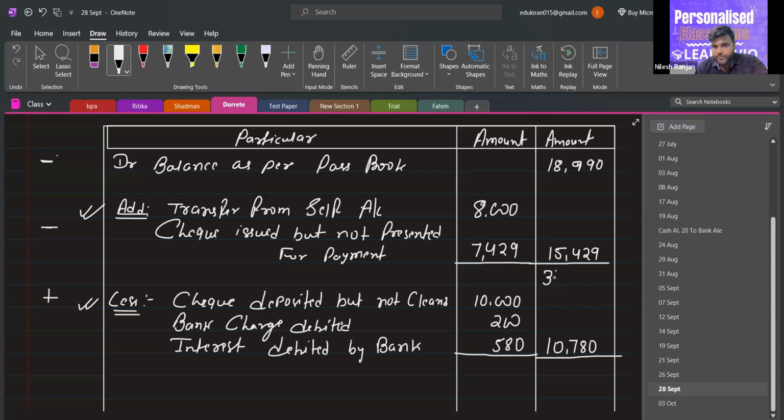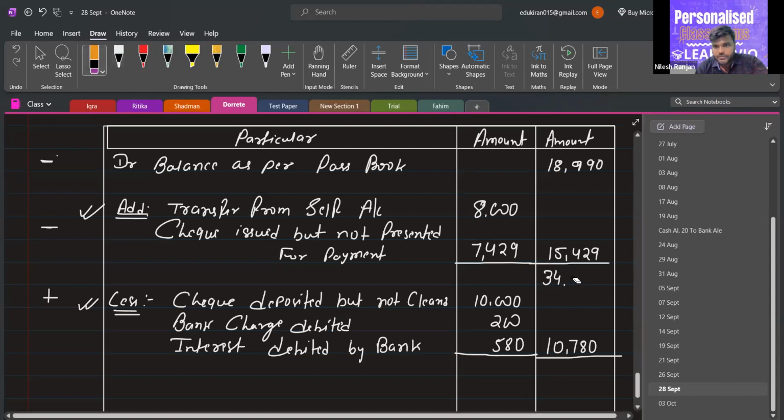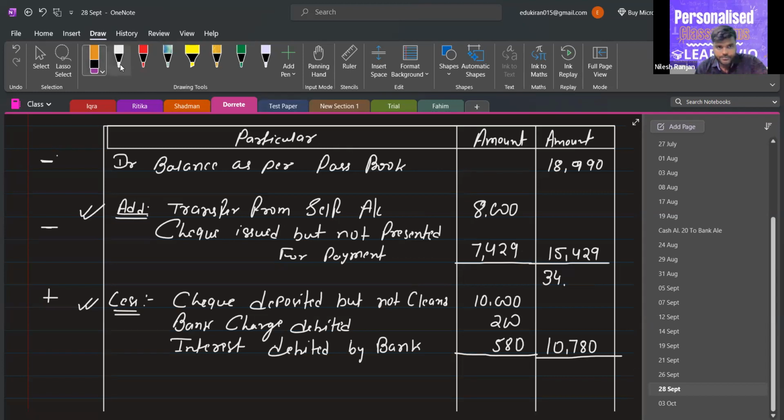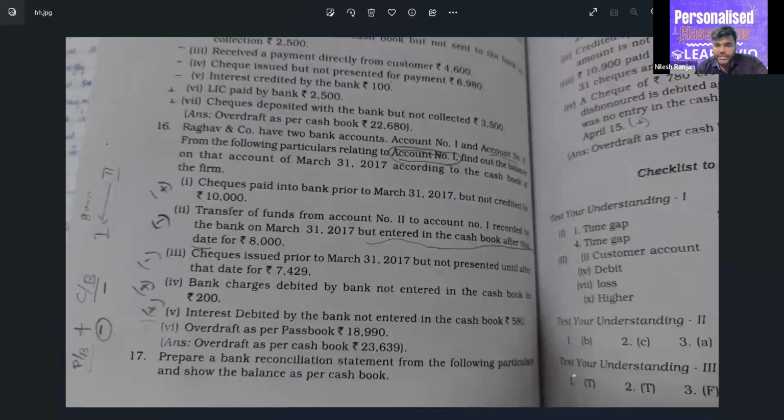It will be 34,480, and then we will decrease it, so it will become 23,639.